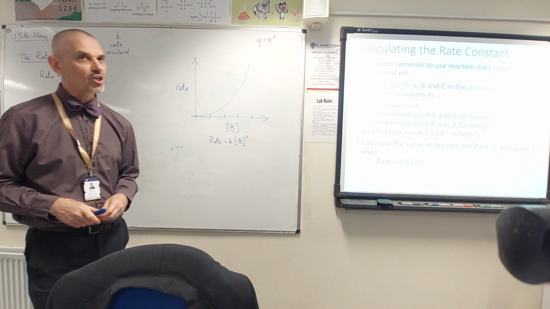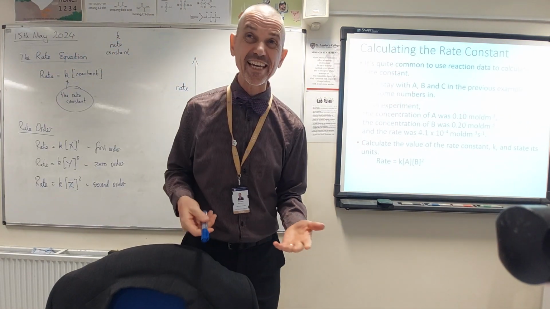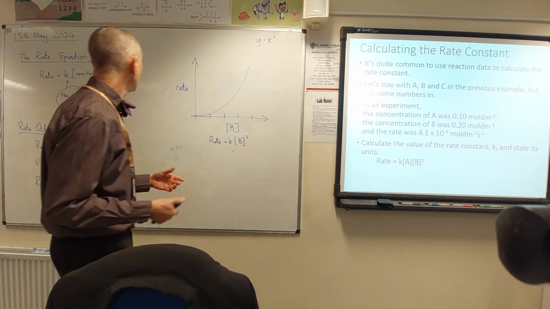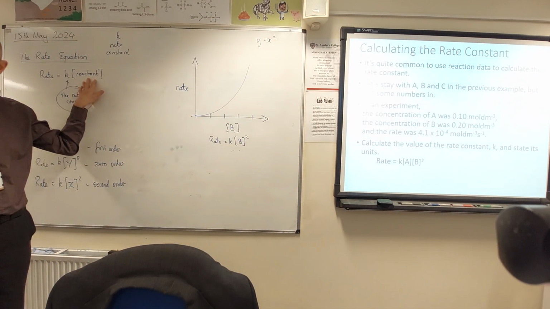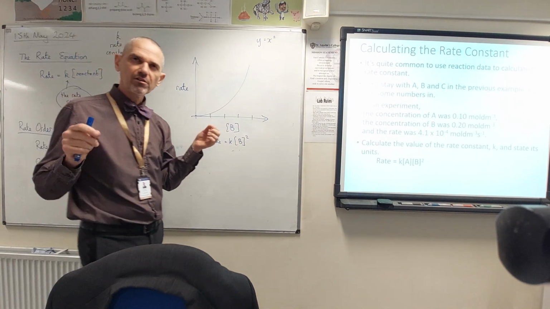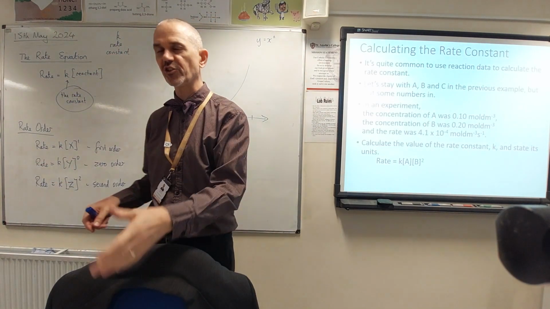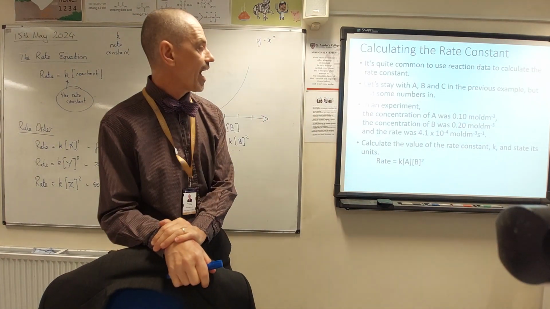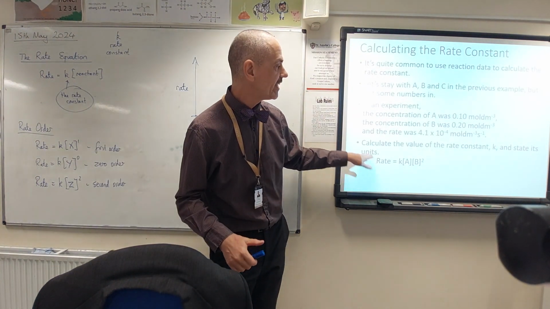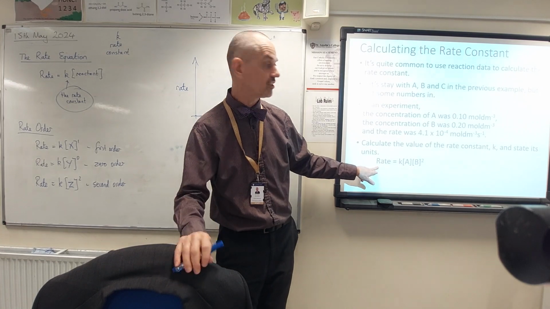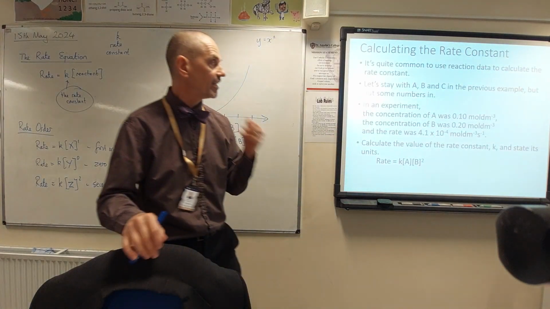So a common way of working out the rate constant is we'll measure the rate for a set concentration of reactants. So we have a concentration of this and a concentration of that, and then we measure the rate. And that means that we've got all the information in the rate equation except K. So let's do this.